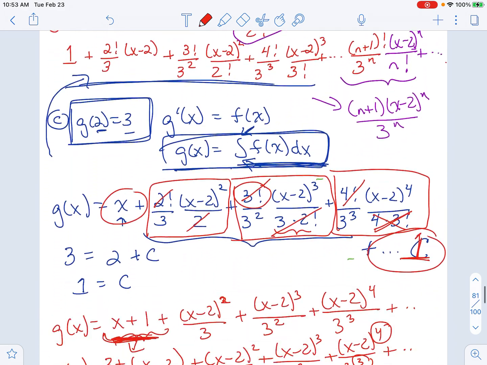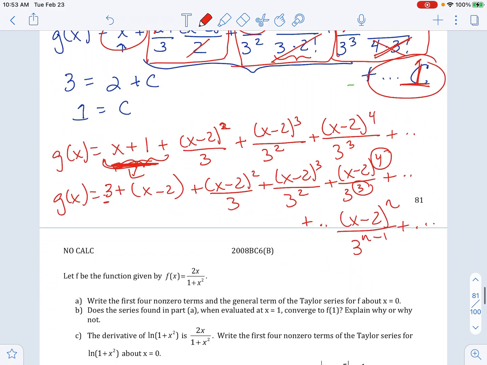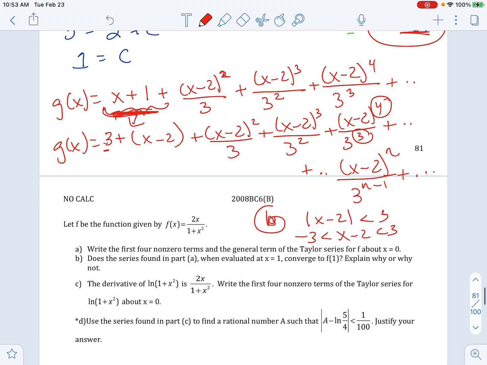So really, we can look back at the radius of convergence, or this interval that we came up with in part A, or in part B. And if you solve this, oops, I'm running out of room here. You end up with this. So negative 2 is not in that interval, so the answer is no, because the interval of convergence is this.